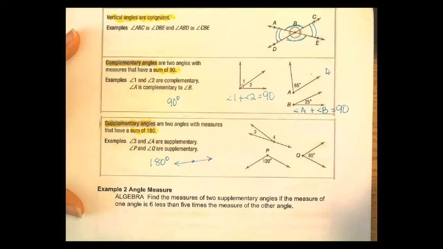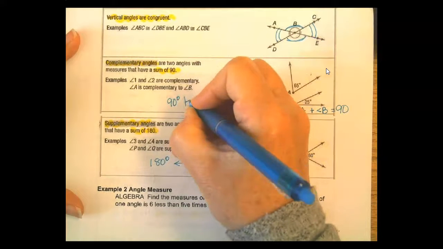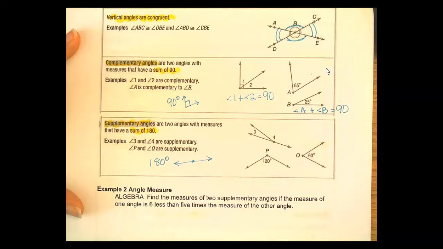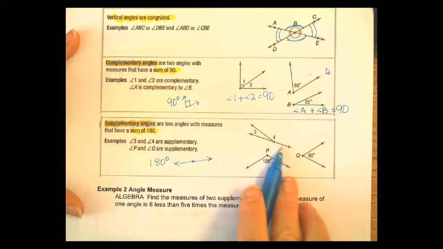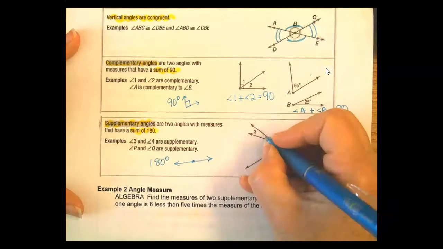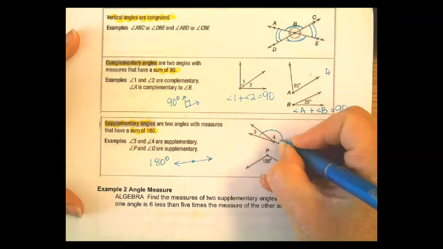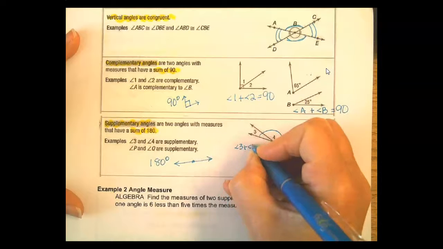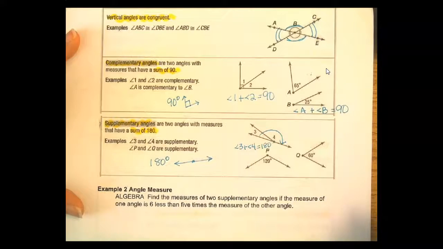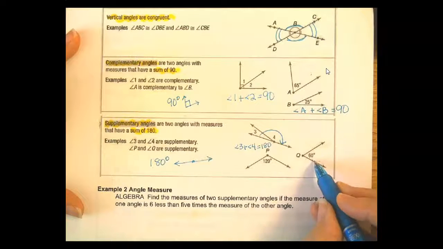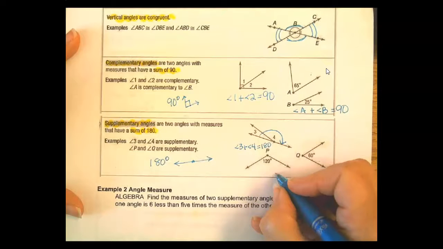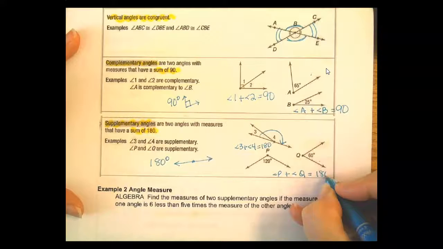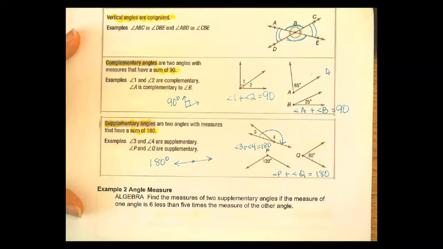You can see here that's a straight line, so these two together form 180 degrees. So angle 3 plus angle 4 equals 180. Again, I could say angle P plus angle Q equals 180, and they're still considered supplementary.